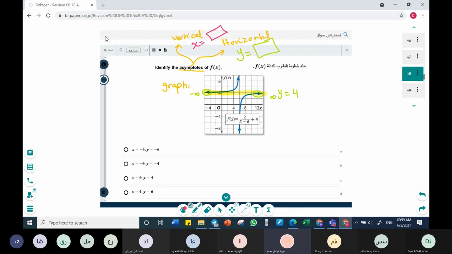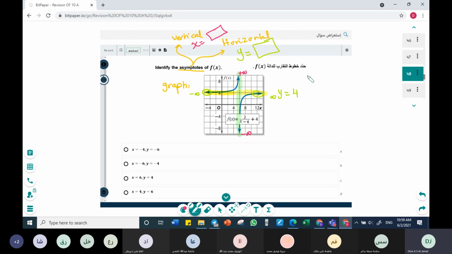Will be 6. Excellent. So let's draw here. That means if I study the behavior of this function, here it will be moving to plus infinity, here it will be moving to minus infinity.